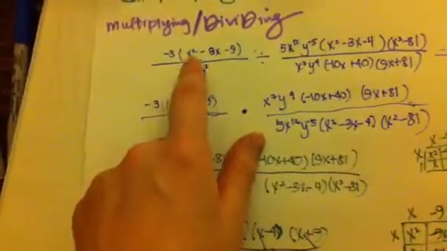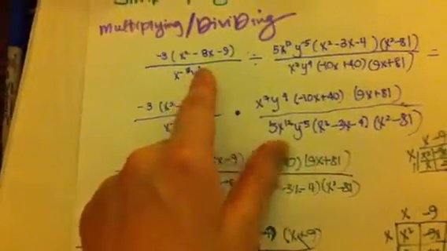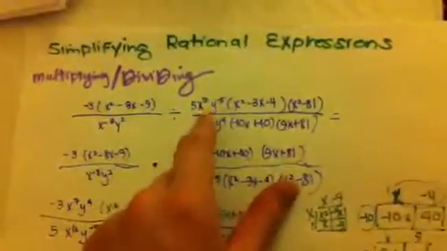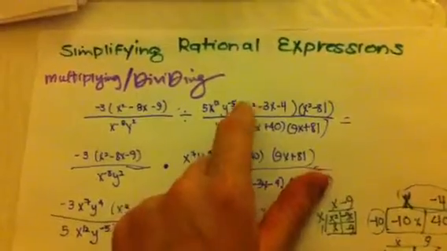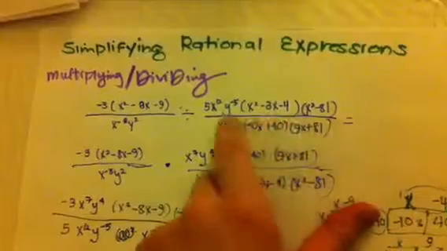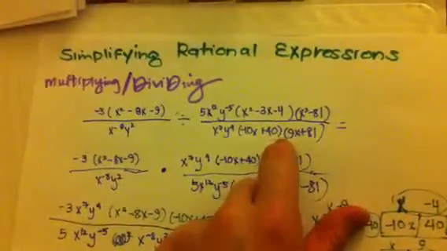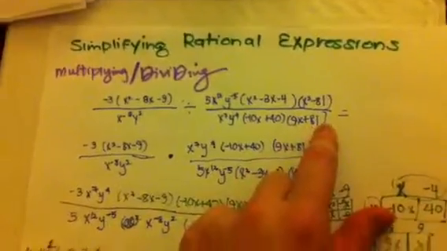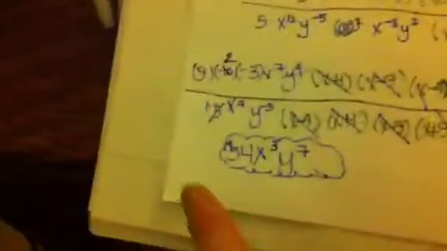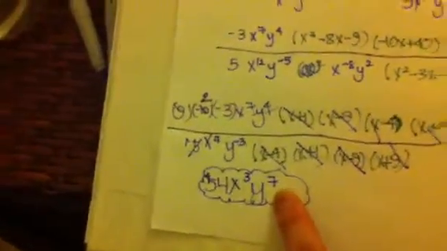So when you look up here, negative 3 times x squared minus 8x minus 9 all over x to the negative 8th, y to the 2nd, divided by 5x to the 12th, y to the negative 5th, times x squared minus 3x minus 4 times x squared minus 81 all over x to the 7th, y to the 4th, times negative 10x plus 40 times 9x plus 81. If you factor all of that, make it ones, your final answer becomes 54x cubed y to the 7th.